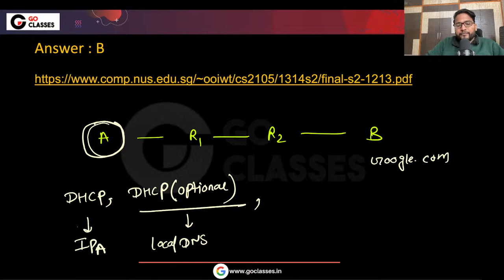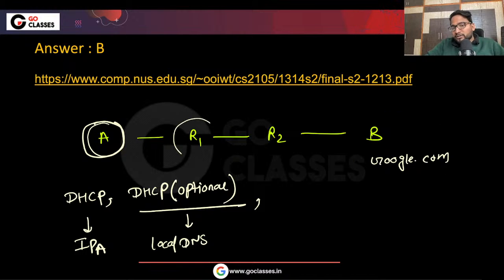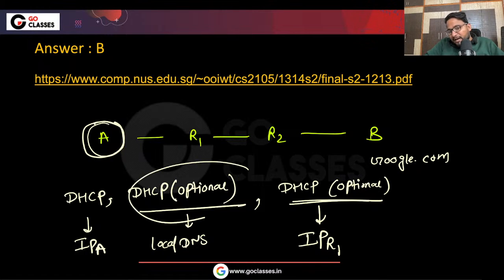And then what else do you need? Once you have this, you will send to the local DNS, and once you get the IP address, you will calculate whether it is in the same network or not. If it is in a different network, you need to send to R1 first. You need to know the MAC address of R1. So for that, you again need to know the IP address of R1. Suppose you already have the IP address of R1, then that's okay.